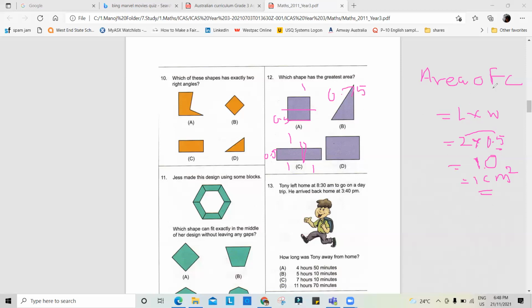Okay, you can write this one, area of C. Near area, what are the next few words? Area of C. C is picture C, right?